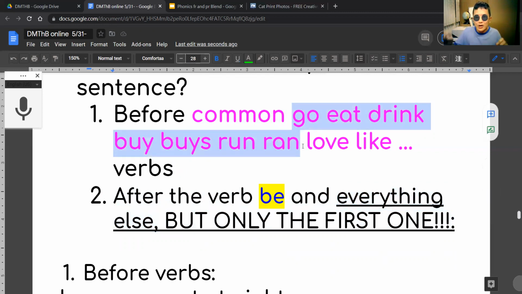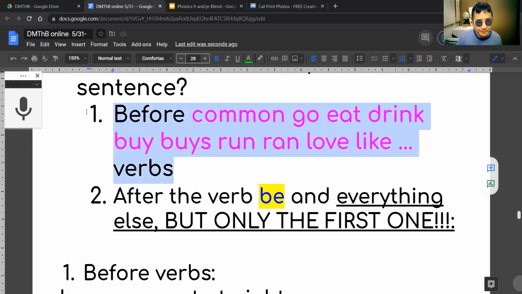Everything that is not go, eat, drink, buy, run, skate, fly, jump, drive, ride. You have to put the adverbs of frequency after them. What are they? We will talk about that in another video because today we only have time to talk about rule number 1.